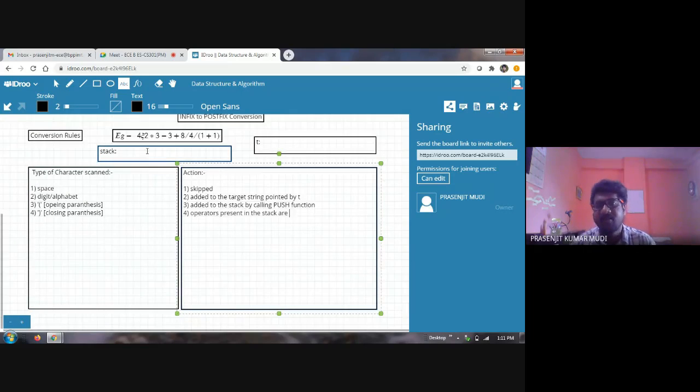So stack may contain some operators. So all the operators present in the stack will be retrieved, okay, retrieved through a loop till a closing parenthesis is encountered.